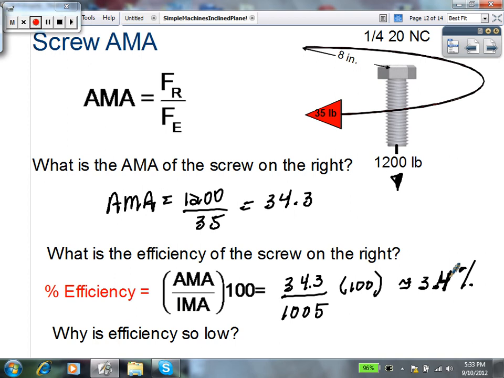Right, very low efficiency for a screw. Once again, the efficiency is so low due to friction. There is so much friction loss in this screw system that it really takes away from the ideal mechanical advantage.